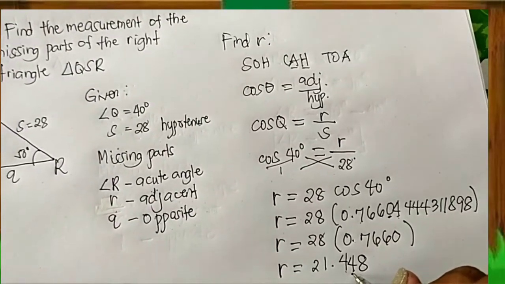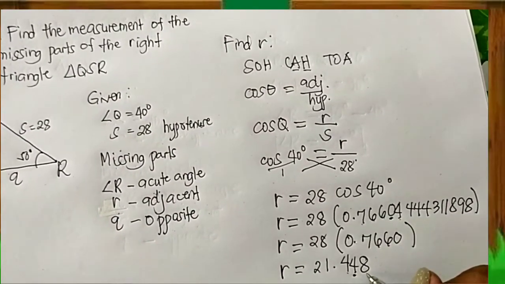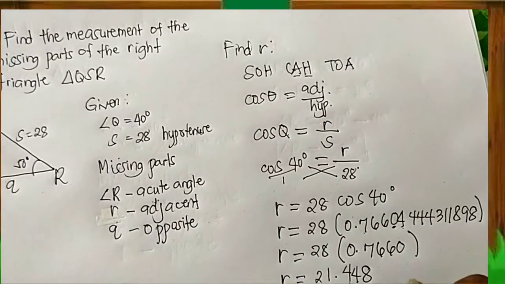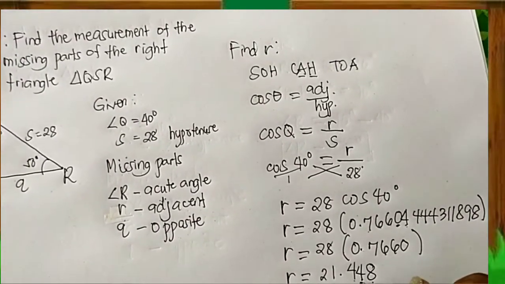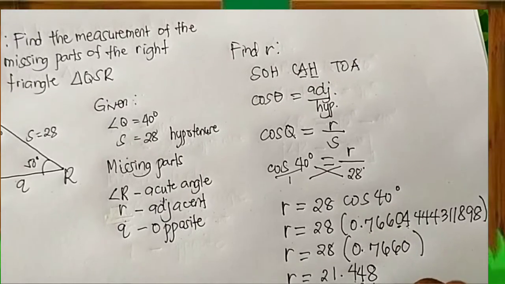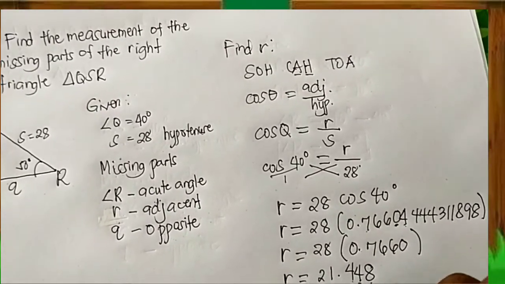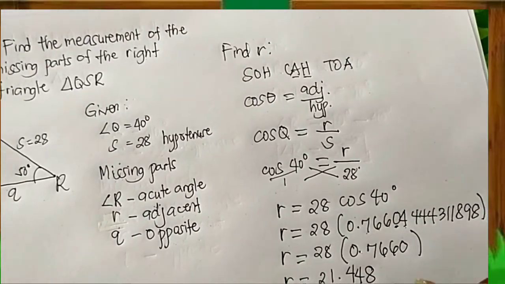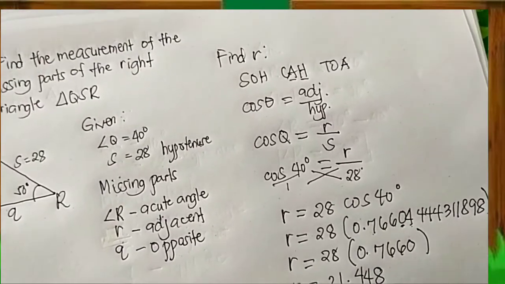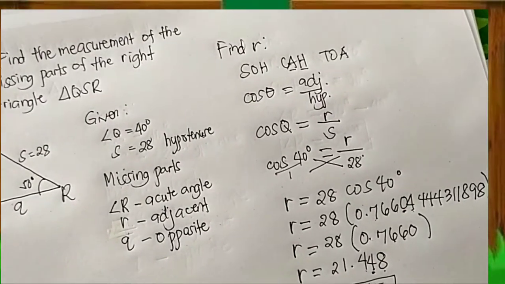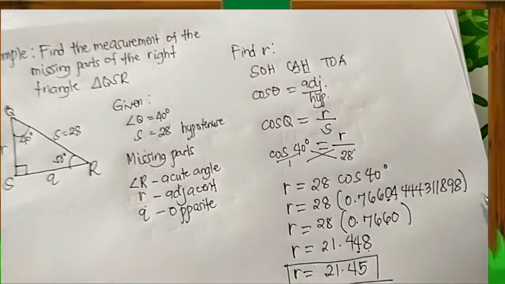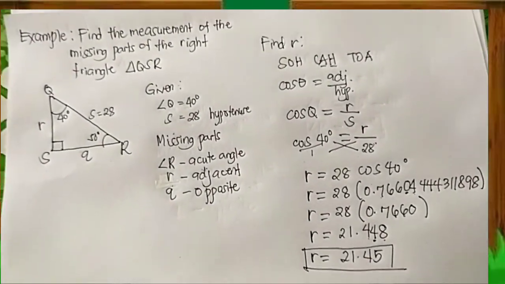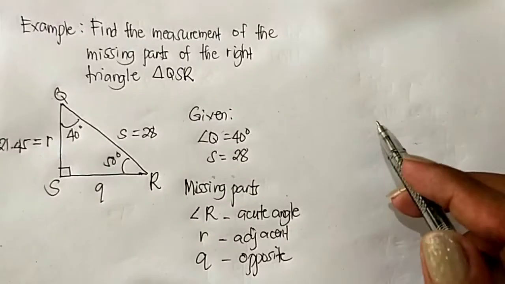So 1, 2, so 4. The digit after the 4 is 8, which is greater than 5. So meaning the 4 is increased by 1, so it becomes 5. So our R now is 21.45. So the measure of side R, which is the adjacent, is equal to 21.45.